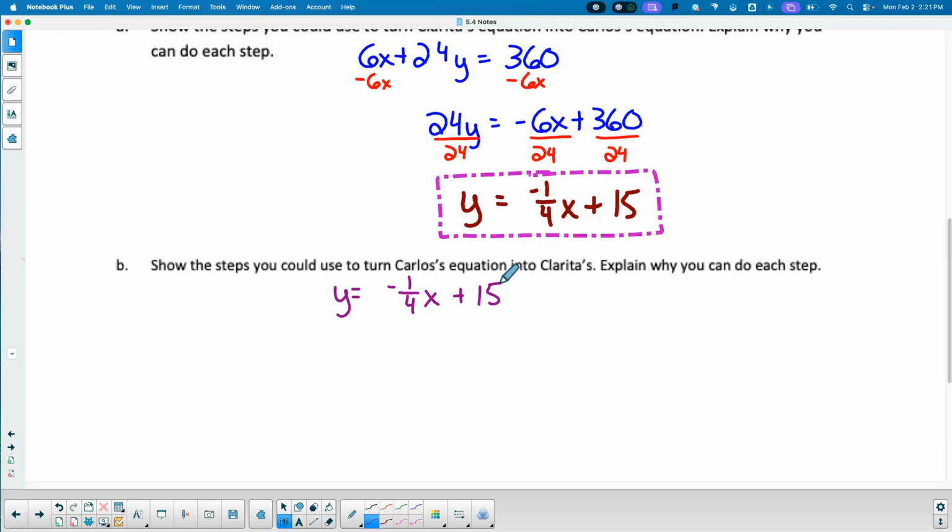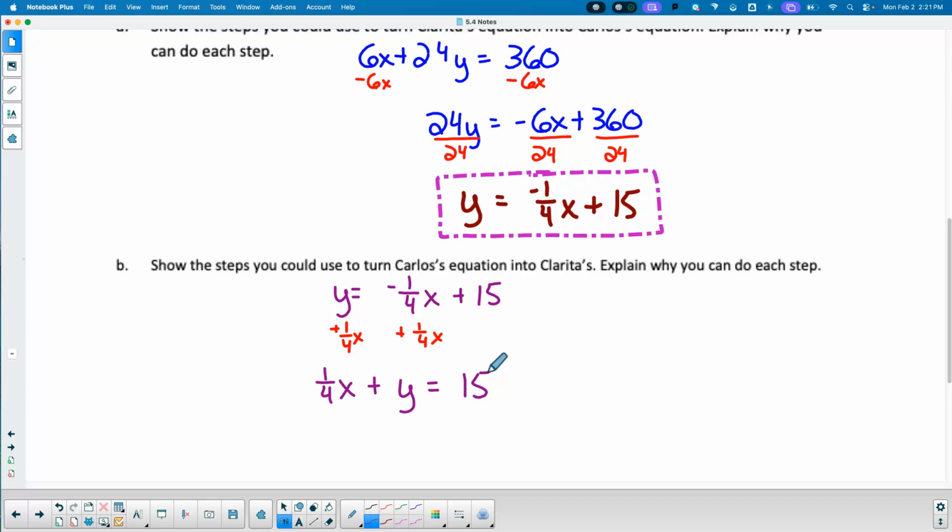So the first thing that I would do here is I would add 1/4 x to both sides. Now that is going to give me 1/4 x plus y equals 15.